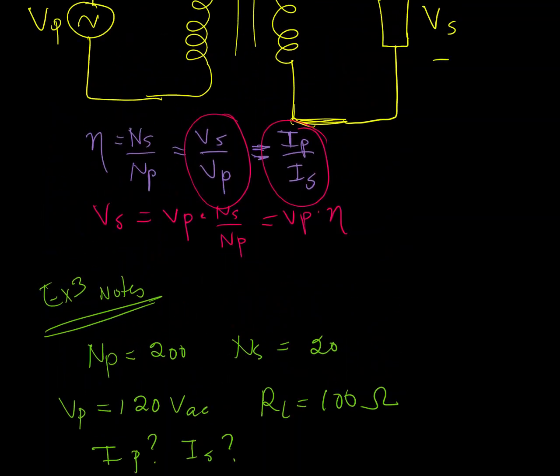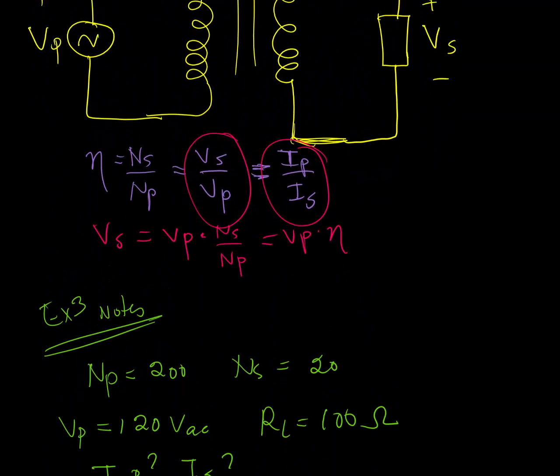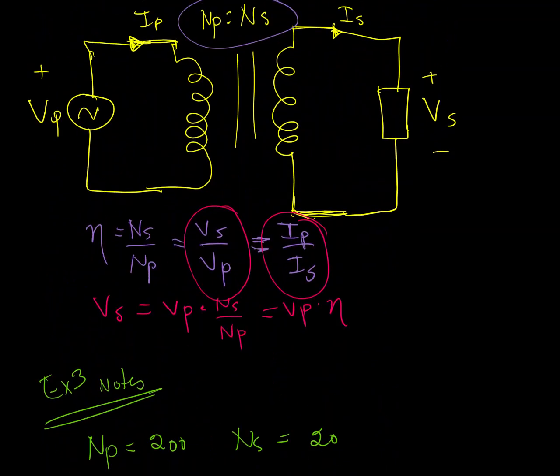So going back and looking at this example, we've got 100 ohms. This would now be our 100 ohm resistor. NP is 200, NS is 20, this is 120 volts RMS, and we want to find this current and this current.